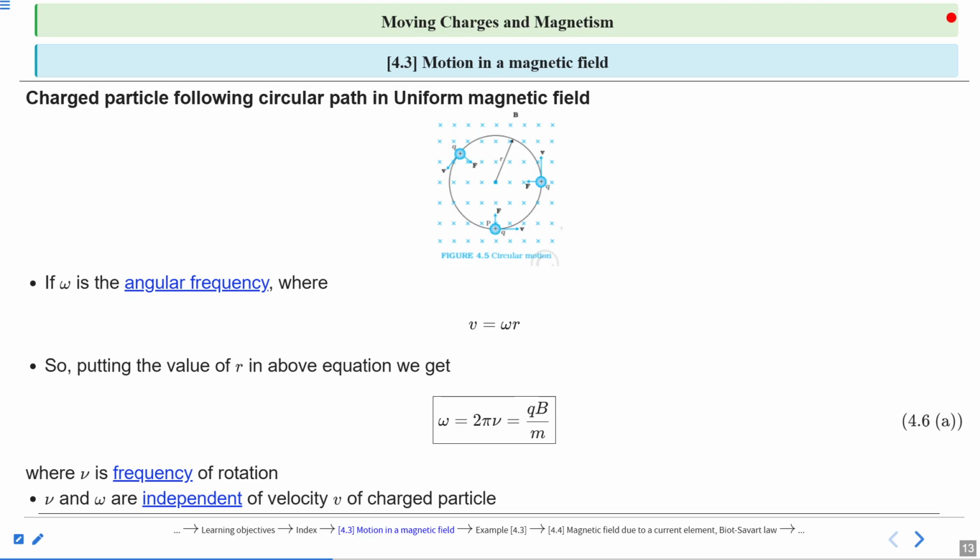We can also write the expression for nu by dividing by 2 pi. It will become qB by 2 pi m. So nu will be qB by 2 pi m and omega will be qB by m. Both are independent of velocity v of the charged particle.